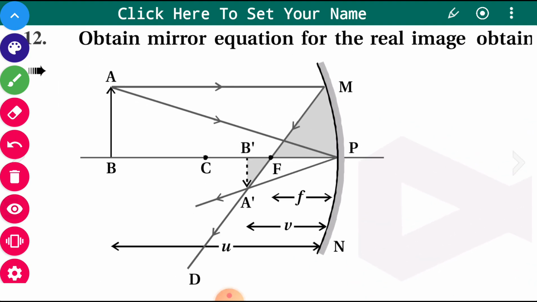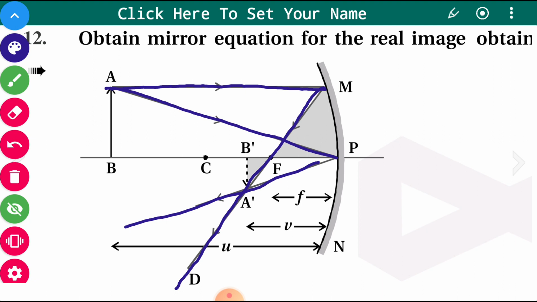This is the incident ray, after reflection it passes through the focus. This is the oblique ray, after reflection it intersects with the reflected ray which is incident parallel to the principal axis. So here this is the image A prime B prime.